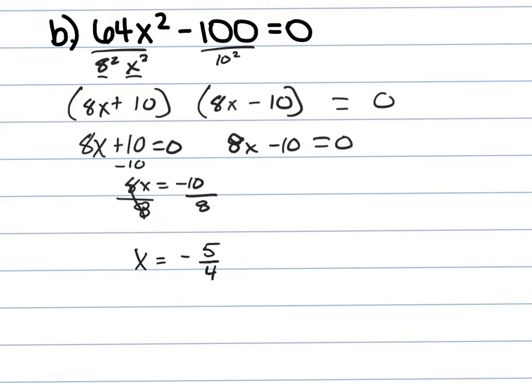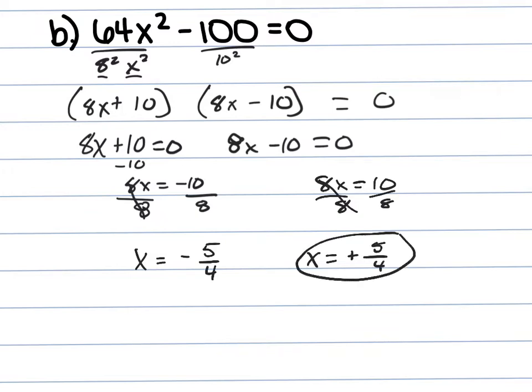Over here, we're going to get 8x equals positive 10. Divide by 8, and we get x is equal to positive 5/4. So we get plus or minus 5/4. Two answers. You could write it as one answer, plus or minus 5/4, because it's the same number, just one is positive and one is negative.